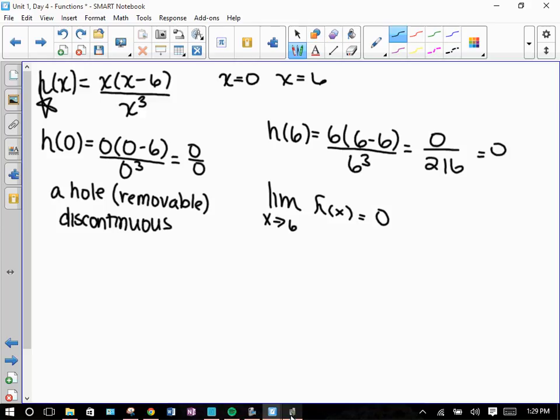Number 10 is a piecewise function. What type of discontinuity is it going to have? Want to take a guess? What type of function is this? A piecewise function.